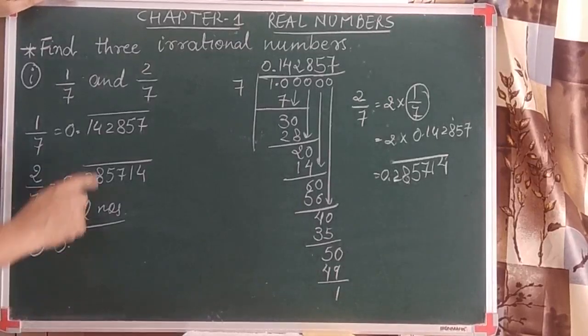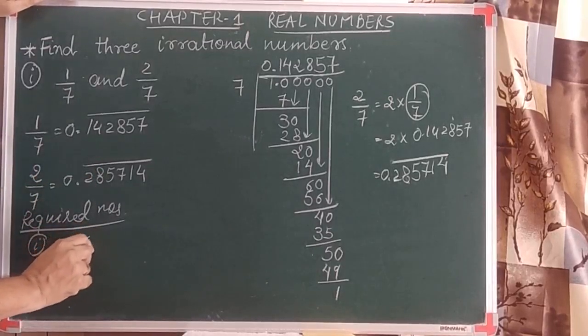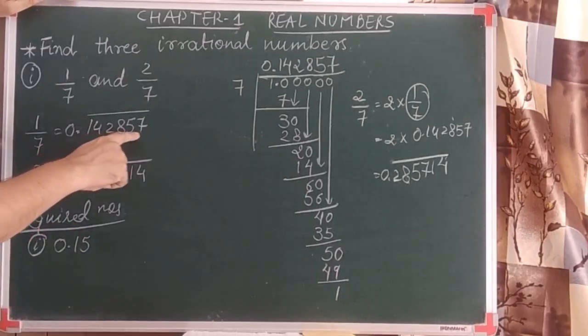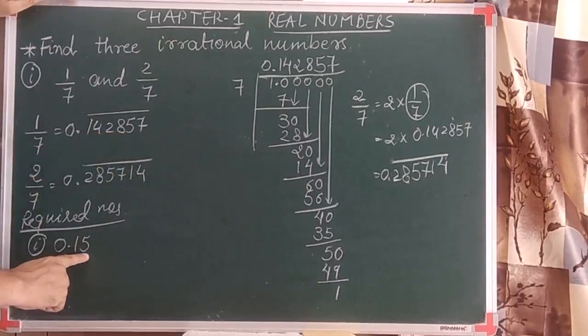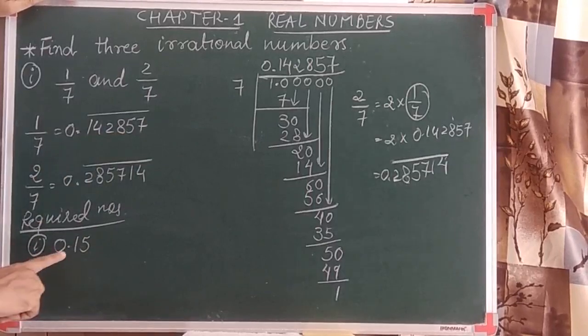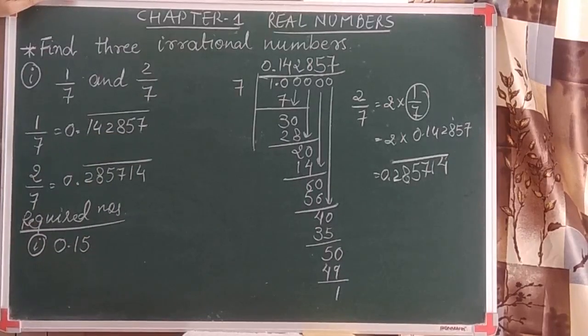Remember, the number should be greater than this. So let me write down 0.15. See, 0.142857, so this number is greater if I write 0.15. But if I write only this, it becomes a rational number because it is terminating. So I have to write certain numbers which are non-reoccurring numbers.